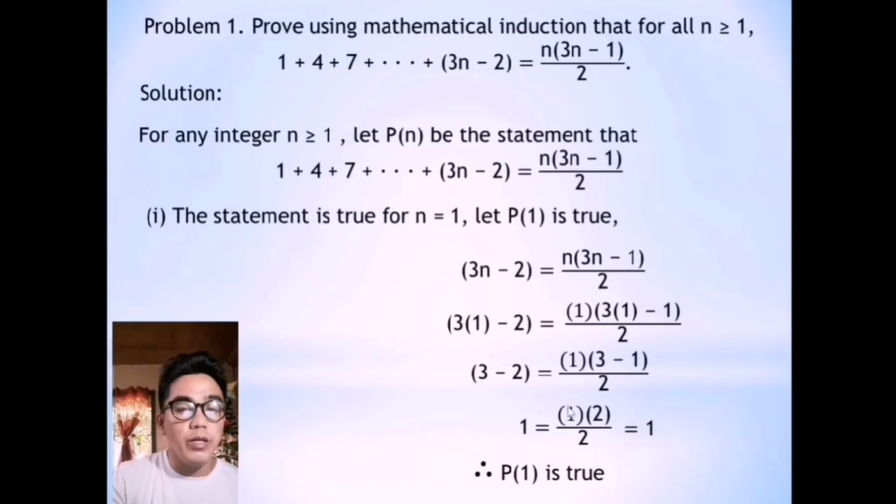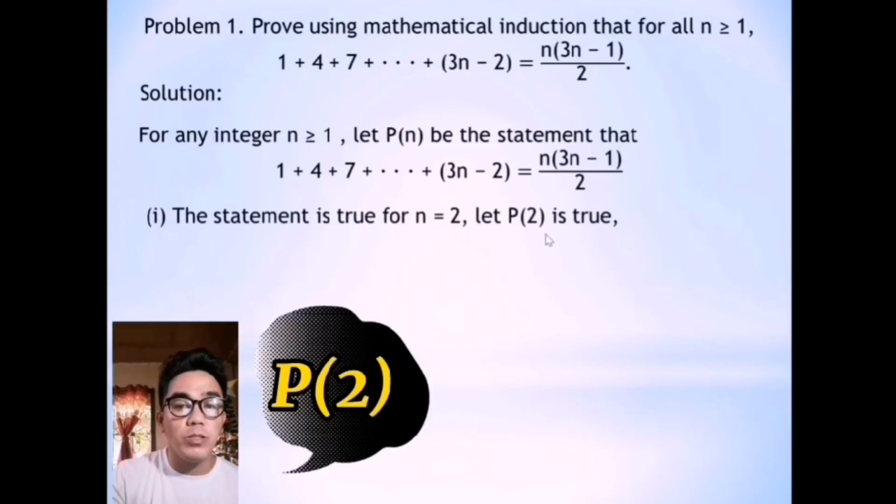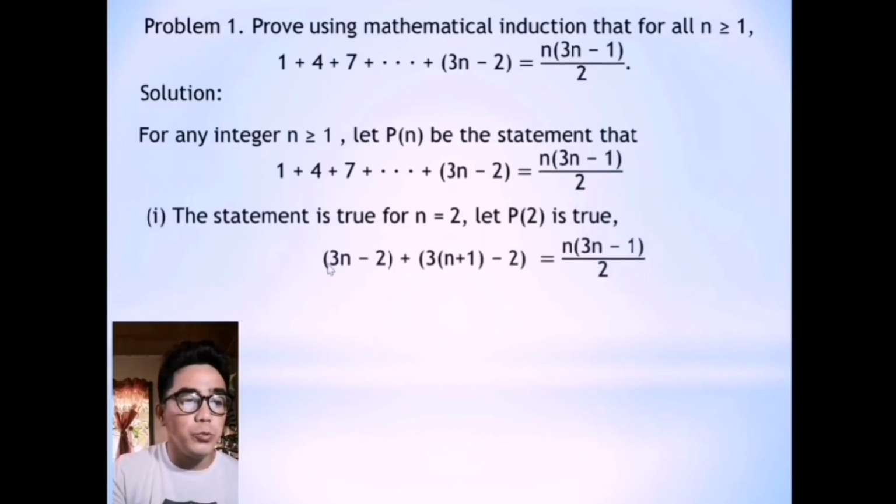Now let us try another value for n, and that is n equals 2. So let us prove that P(2) is also true. Again, we're going to use the equation, but this time, if the value of n increases, the number of terms on the left also increases. What do I mean? So we have now this new equation: 3n minus 2 plus 3 times (n plus 1) minus 2, but on the right side, it is still the same, n times (3n minus 1) over 2.